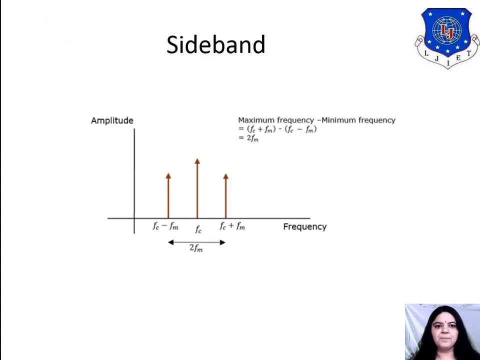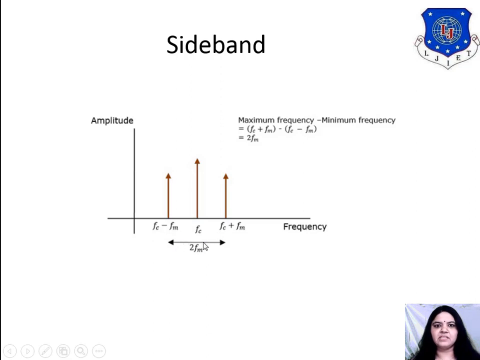This is the amplitude spectrum of an AM wave, which consists of the carrier wave and the two sidebands. Here the x-axis represents the frequency and the y-axis represents the amplitude. Thus, the carrier having the frequency fc, it is fc minus fm, and this is fc plus fm.